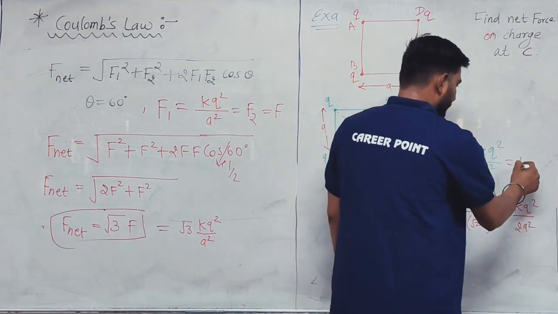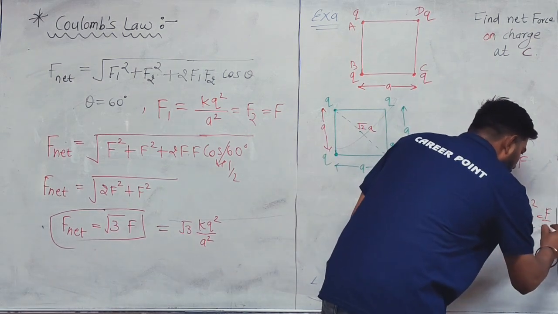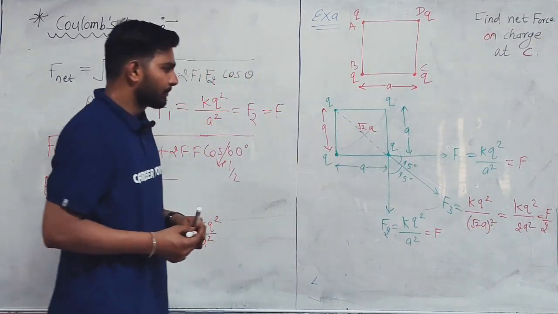So if this is F, then this will be F by 2. Correct?